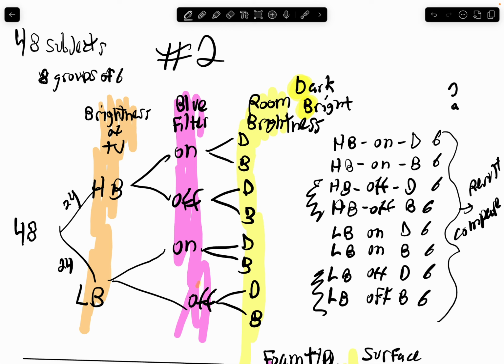If that's the case, and yet a lot of the people with the blue filter on are saying the opposite, then you might understand that the blue filter is either helping or not helping.